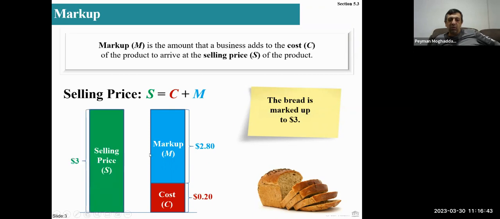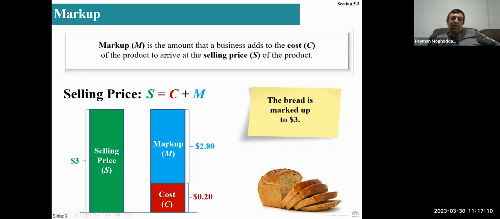Okay, so in this case, for the loaf of bread, the markup is very high. It's much higher than the cost of making bread. Why? Because you have to pay for the retailer. You have to pay rent. You have to pay for the staff. You have to pay for the accountant. You have to pay for this, you have to pay for that. That's why the markup is much higher than the cost of making that bread.